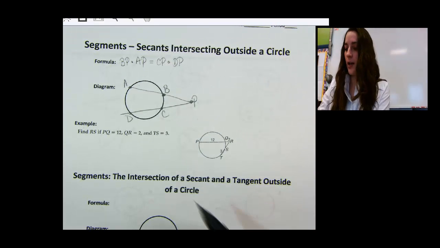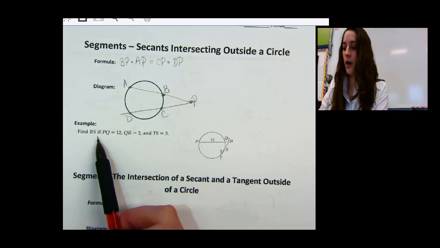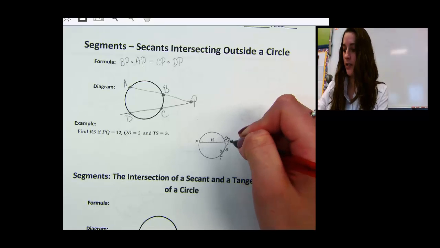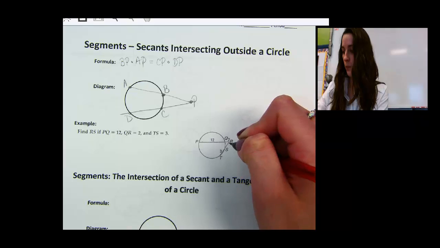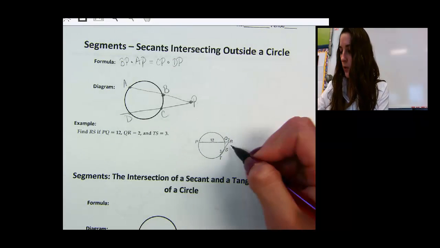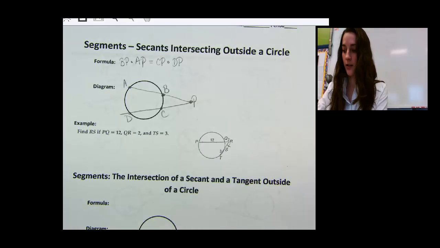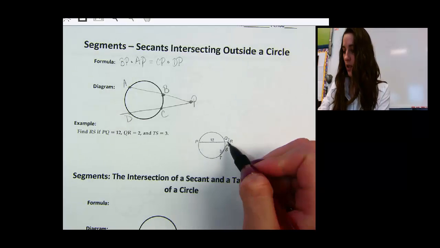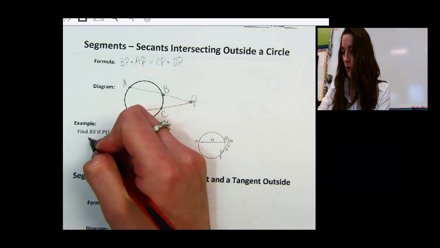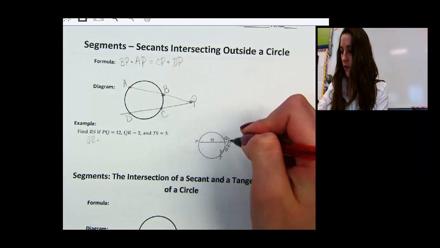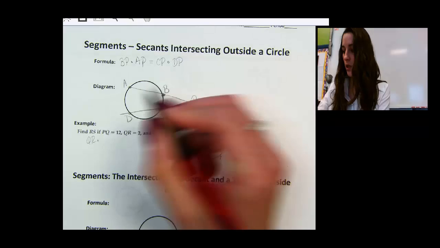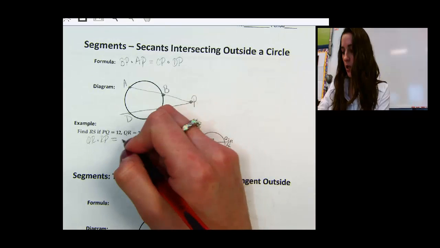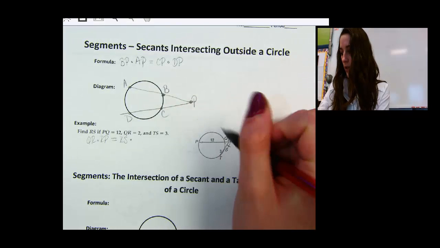So let's take a look at this example. Find RS if PQ is 12, QR is 2, and TS is 3. So we're trying to find the length of RS, so I'm just going to label that as X. If we follow our formula, it's going to be the length of the outside, so QR, times the length of the whole segment, which is RP, is going to be equal to the outside of this segment, which is RS, times the whole segment, which is RT.